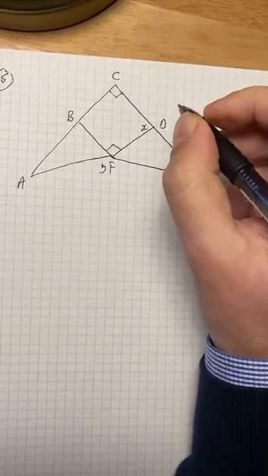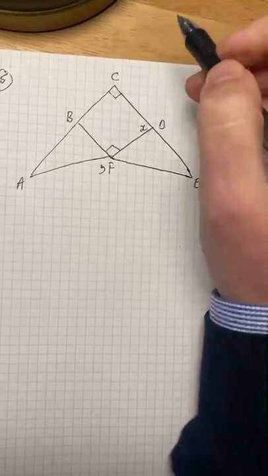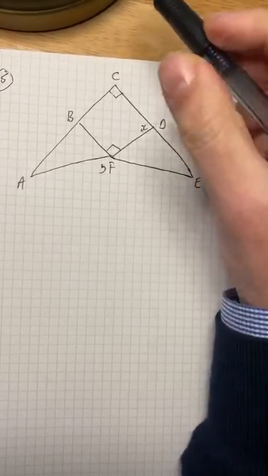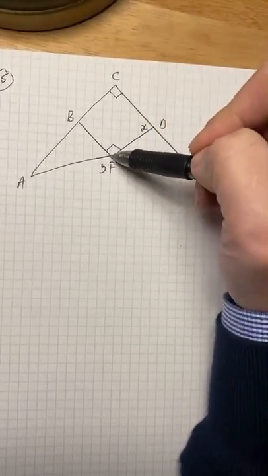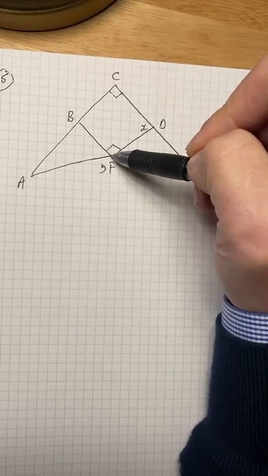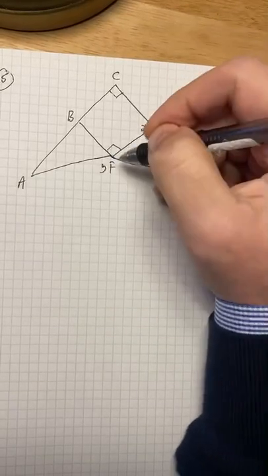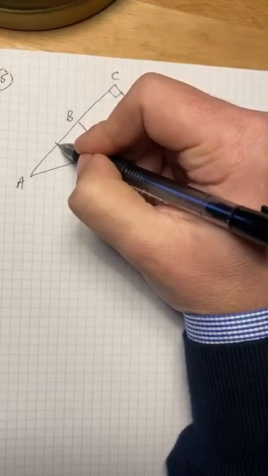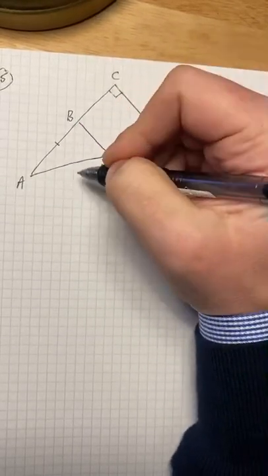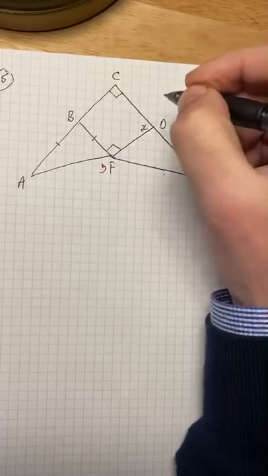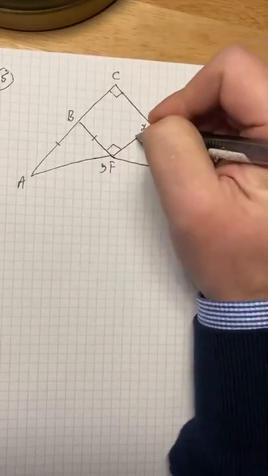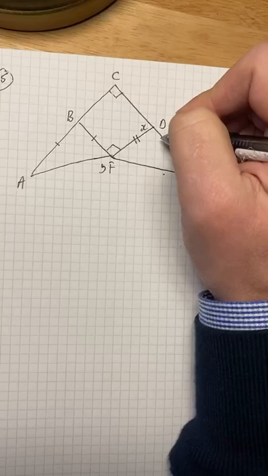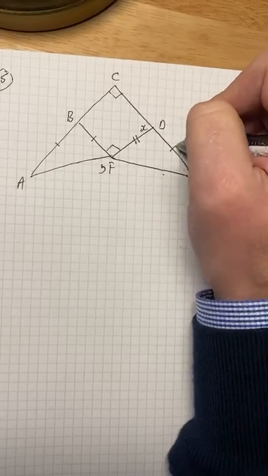Okay. Now let's add in some more details. We know that ABF and FDE are isosceles. Now AB is the same as BF, and FD is the same as DE.